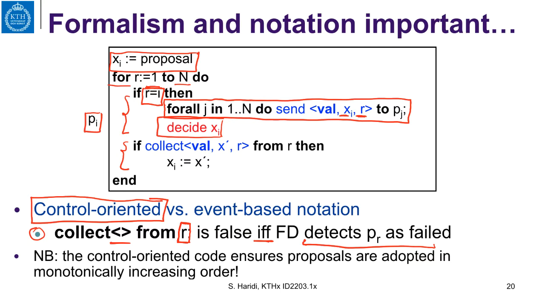So here's again, collect a value, x prime, from a process that broadcasted at round R. This is very important, from process R. You can see this, R is here and R is here. So it means you are only waiting for a certain message from a certain process.